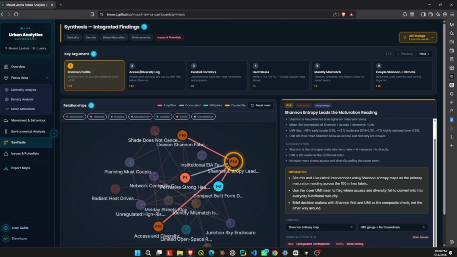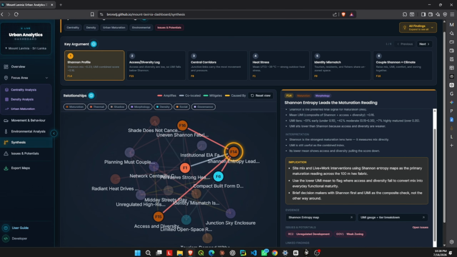And this last one is on the same study area boundary, right? We can see both Shannon as well as UMI and then UTCI and identity mismatch, right?